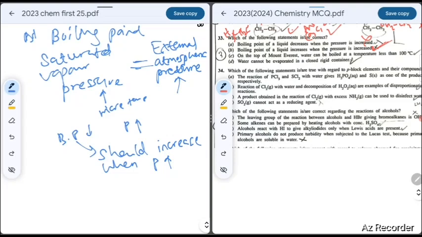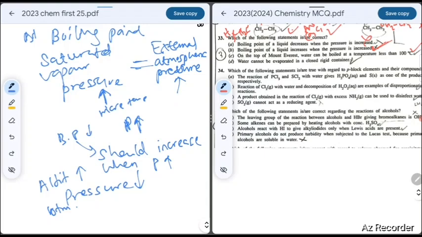When the pressure is increased, the boiling point is increased, because the saturated vapor pressure should also increase. In order to increase the saturated vapor pressure, we have to supply more temperature and the boiling point of the liquid increases. On the top of Mount Everest, water can be boiled at a temperature less than 100. Yes, that is correct, because at high altitude the atmospheric pressure decreases.